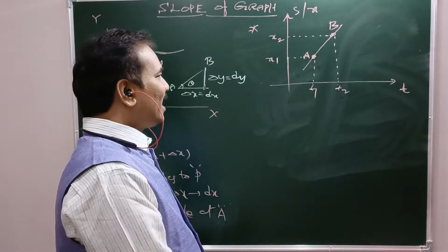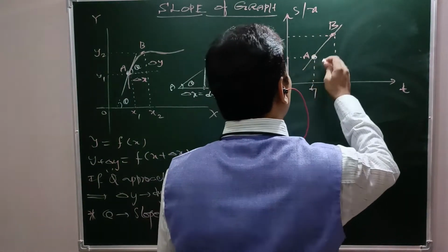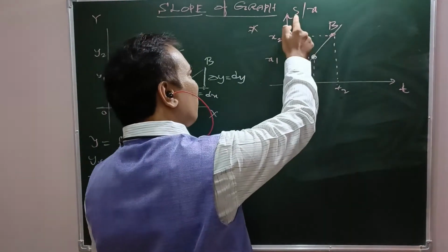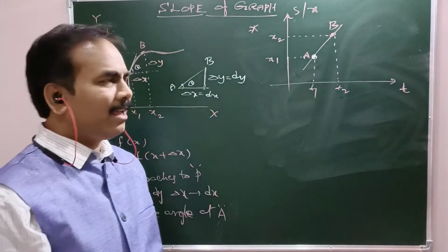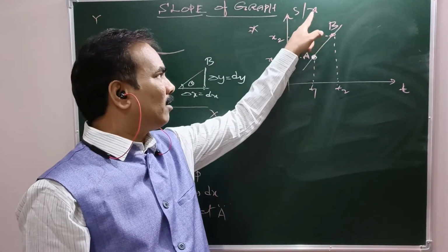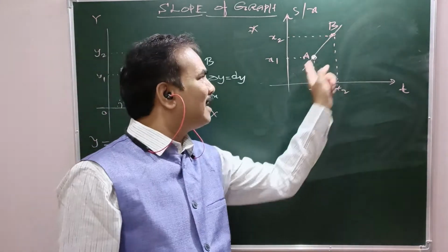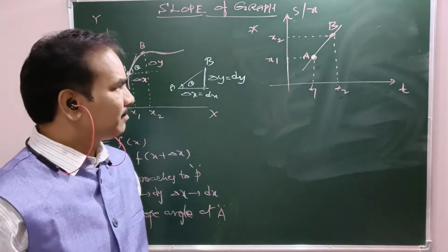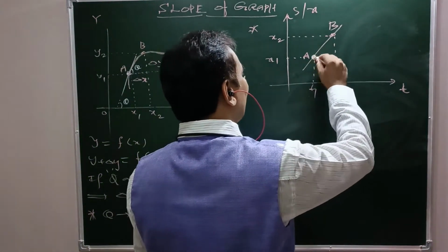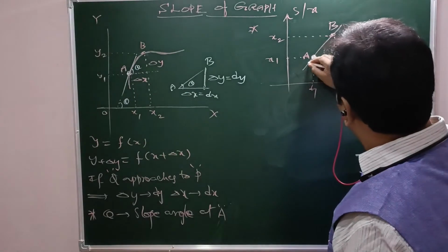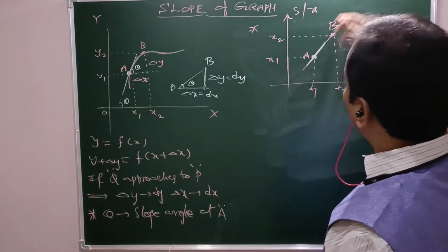Now, if I take one tangent at point A, see, the variation of x versus t is a straight line, it changes linearly in this example. The position of the particle changes with time linearly, meaning a straight line. If I take one tangent drawn at point A, then it coincides with the line itself.